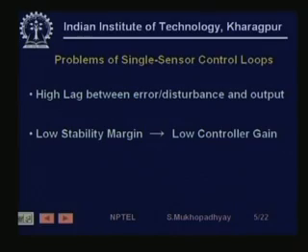So, therefore, we need to keep our gains lower to maintain stability. Now, if we have to keep our gains lower, naturally we will get poor transient response. So, we are not driving the plant hard because of stability requirements, right. So, this is a problem which arises in single loop controls sometimes.